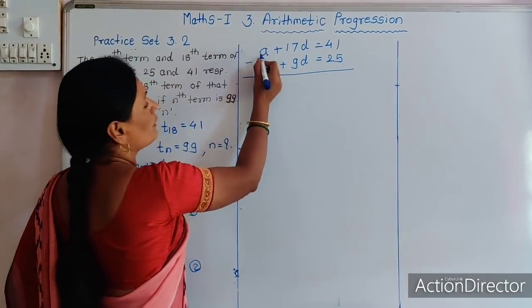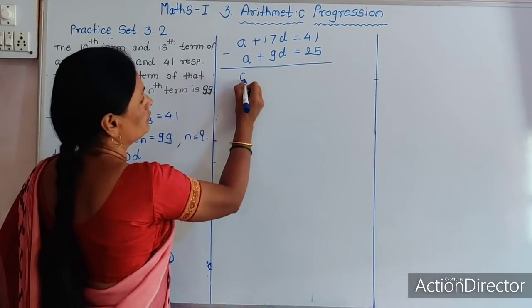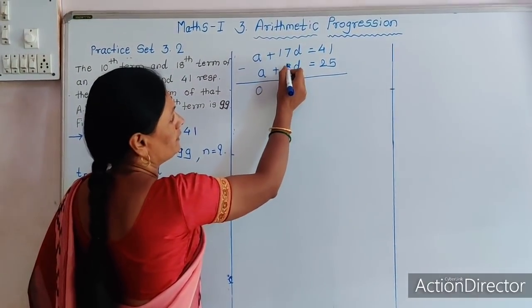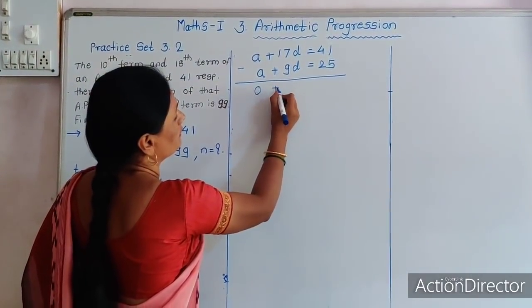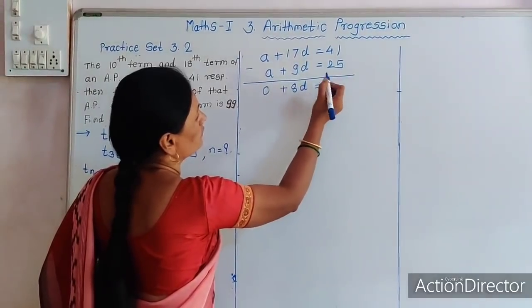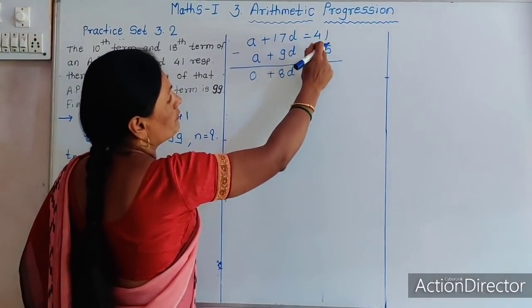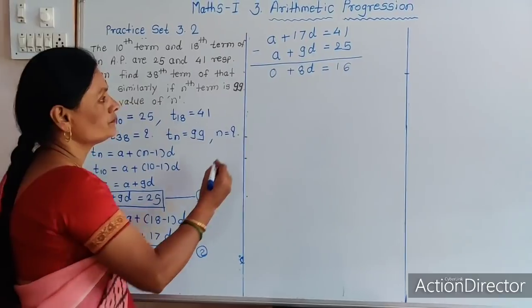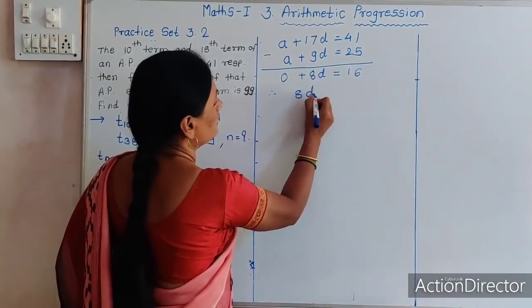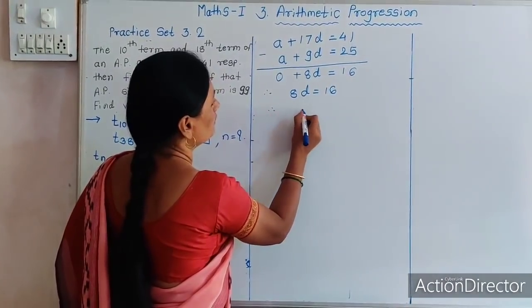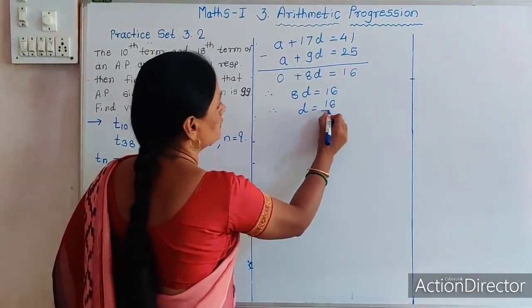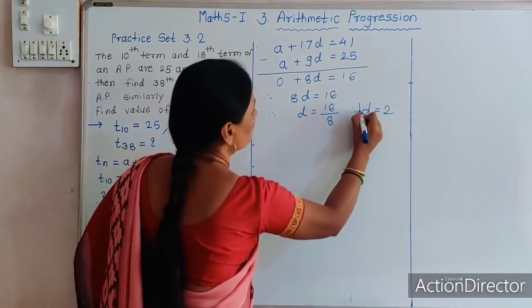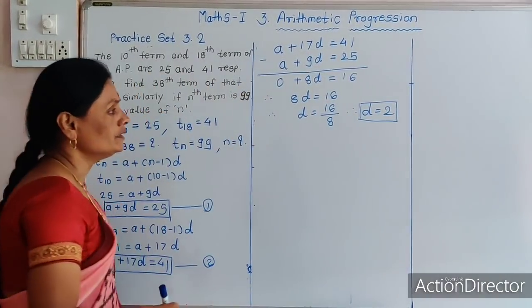After subtracting, A minus A, 0. 17D minus 9D is 8D, is equal to 41 minus 25, 16. Therefore, 8D is equal to 16. Therefore, D is equal to 16 divided by 8. Therefore, D is equal to 2. We get the value of D is equal to 2.